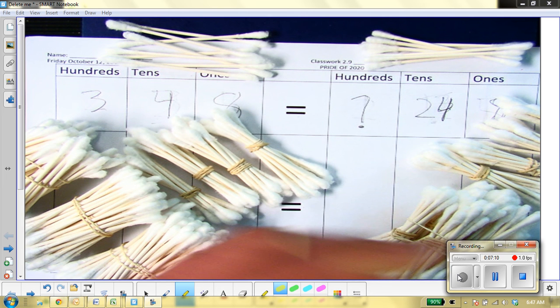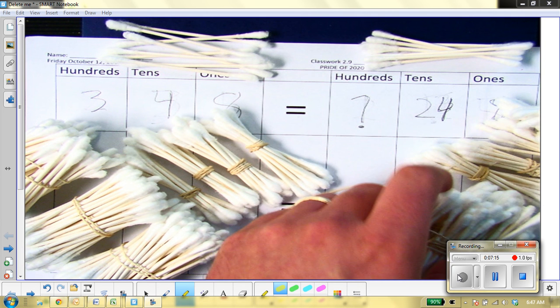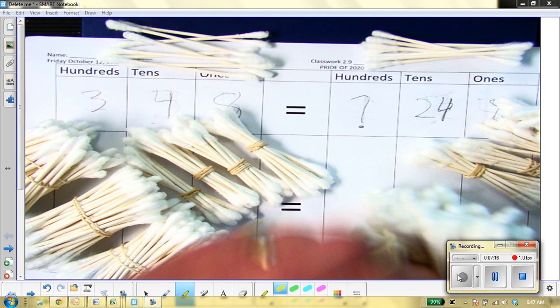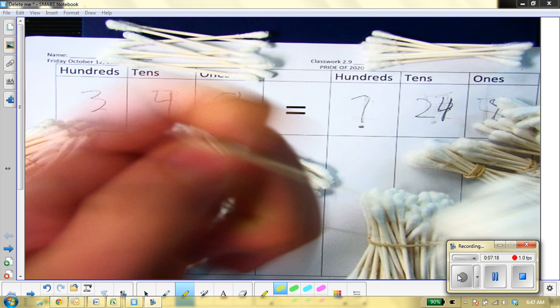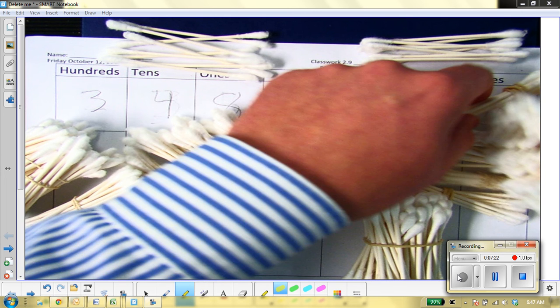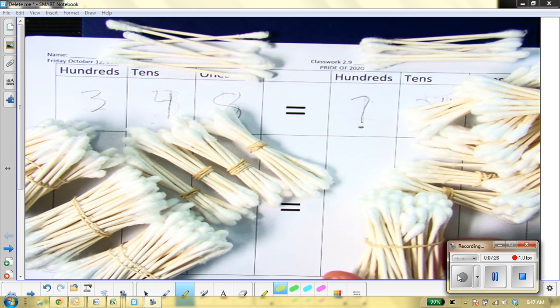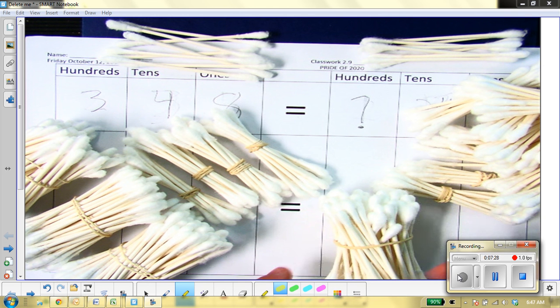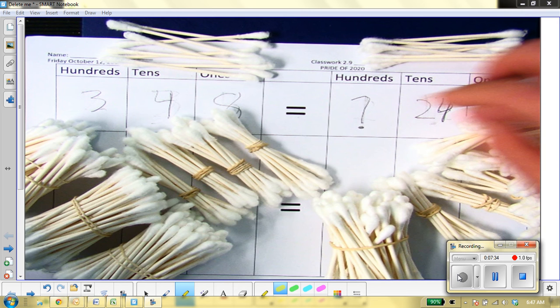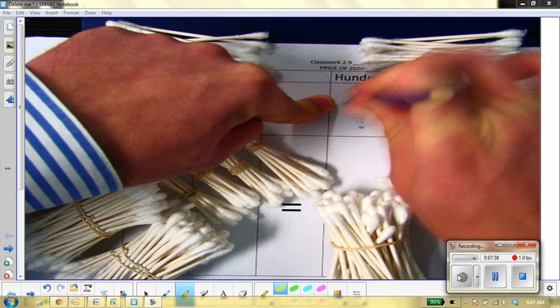If I take apart this 100 and add 10 to this, and take apart this 100 and add 10 more, this gives me 24 tens, 100, and 8 ones. Since the 24 tens matches up with this number, I know that my question mark is really 100.